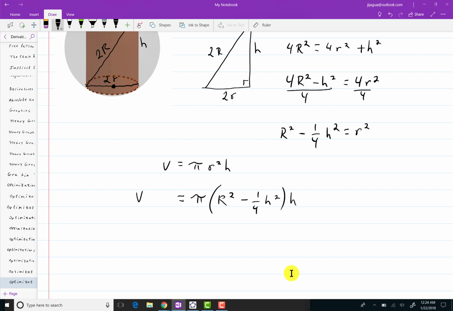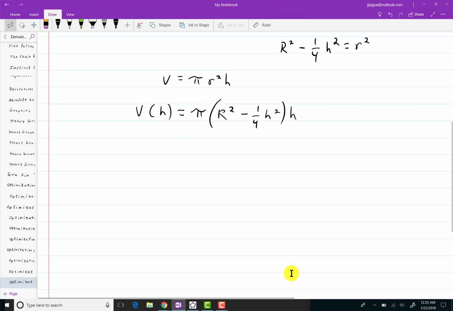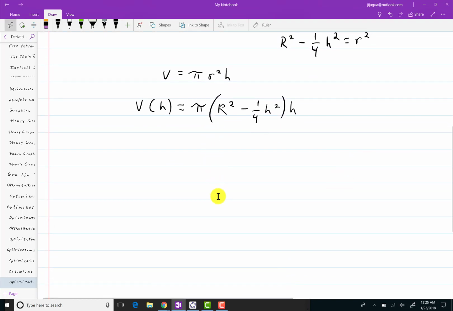So now V is a function of h. And one last thing to make the derivatives easiest, I'm going to multiply the h through. So I'll get V of h equals pi times capital R squared h minus 1/4 h cubed.